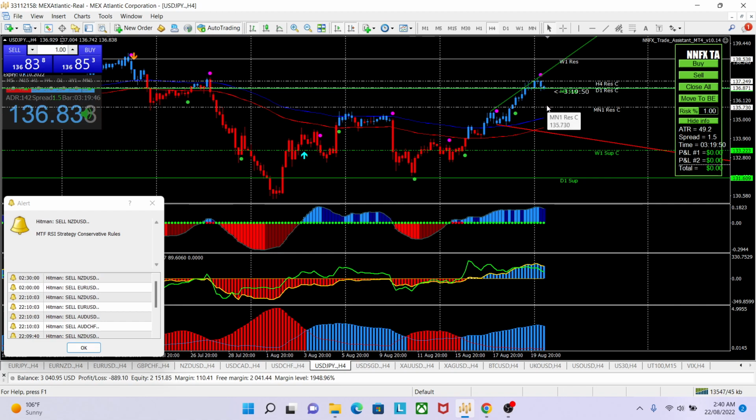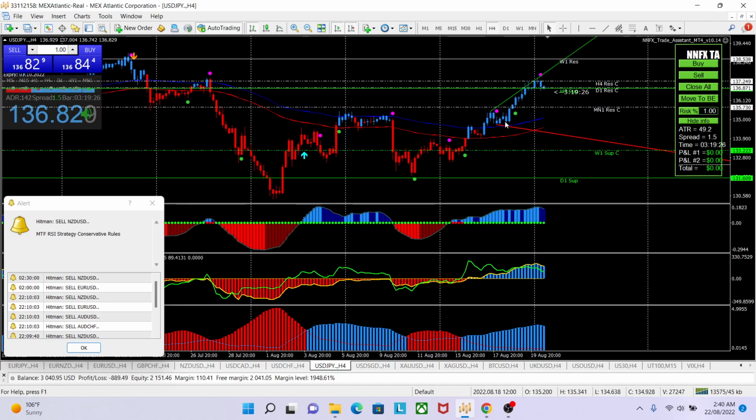These are not exact, these are zones basically. So once the price reaches one of these zones, there is a higher chance of the price turning or stopping or consolidating, right?